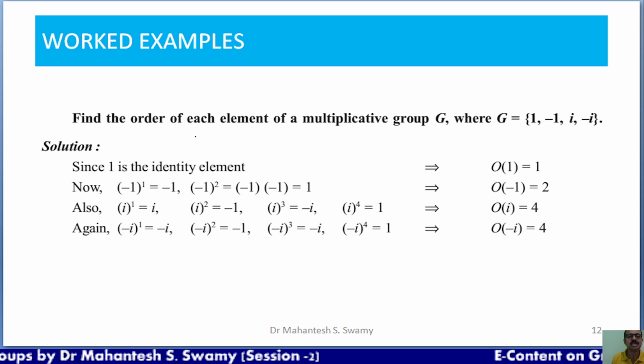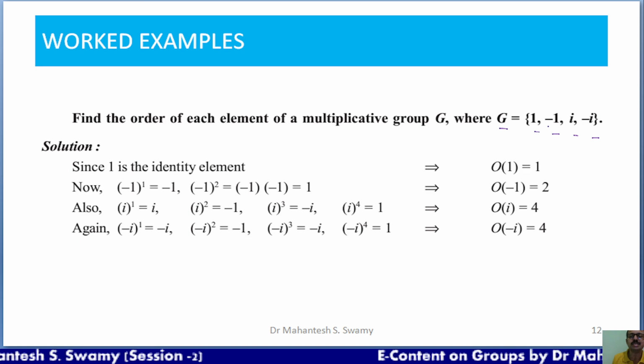Now let us consider a simple example on the order of an element of a group. G is a multiplicative group of 4 elements: 1, minus 1, i, minus i. These elements are the 4th roots of unity I told you about in the previous session.